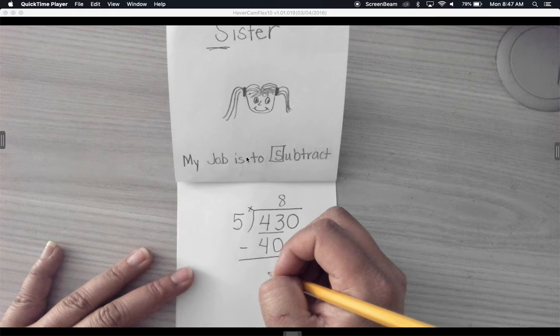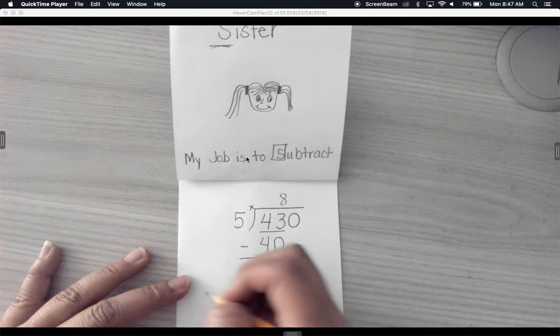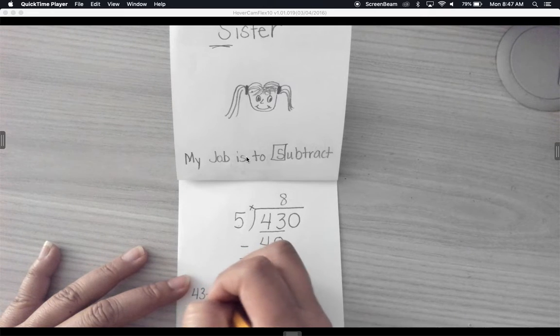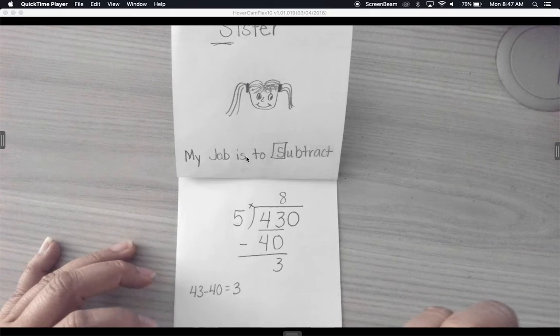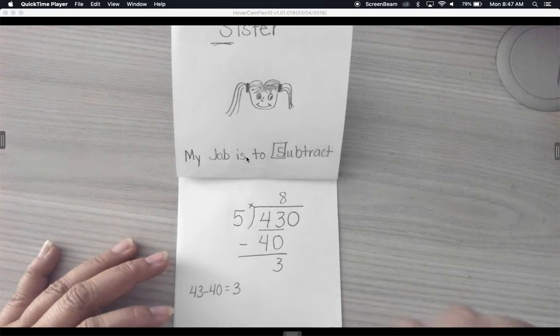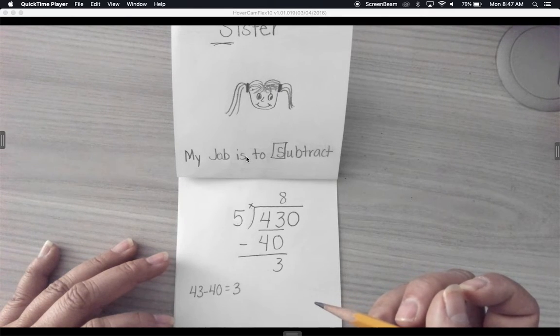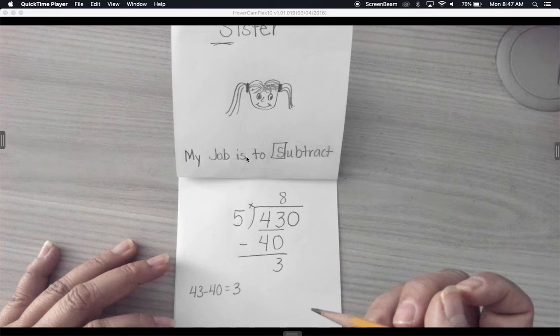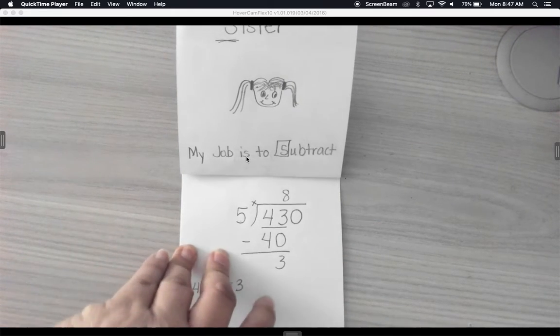No. So I know that 43 minus 40 equals 3. Am I finished? So what do I need to do now? Bring the number down. Okay, bring what number down? Okay, so we're going to go to the next step.